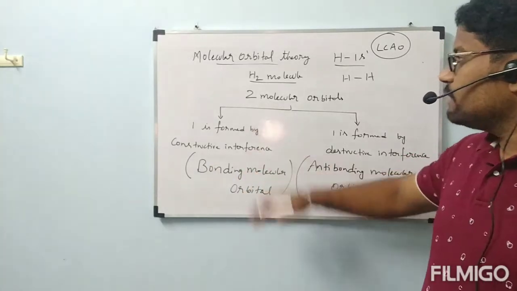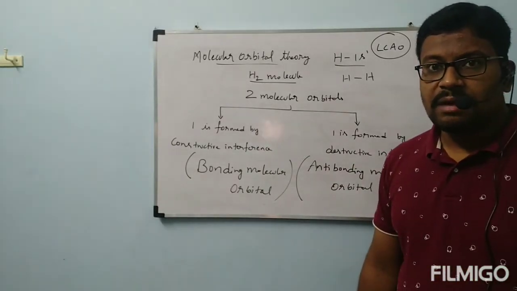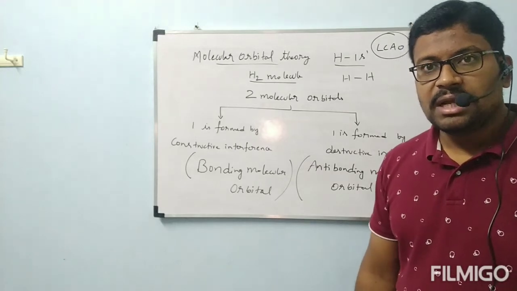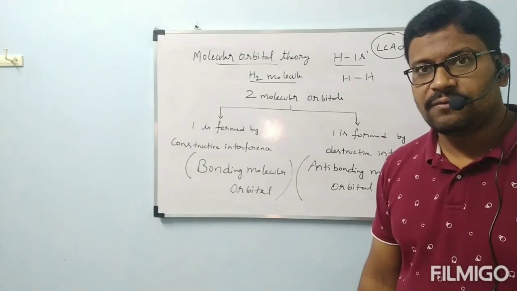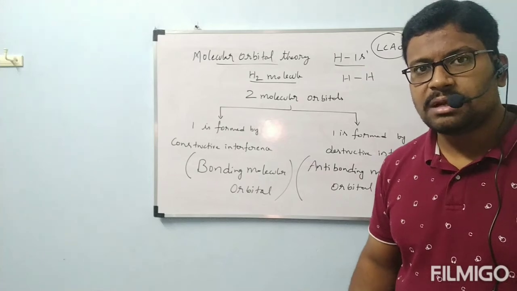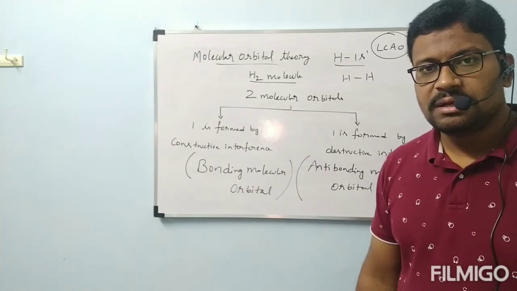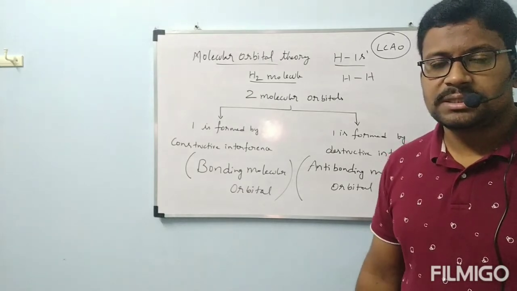So it is clear how molecular orbitals are formed only by the combination of atomic orbitals. That combination method is called LCAO method, linear combination of atomic orbitals. If they undergo linear combination of atomic orbitals, they will result in the same number of molecular orbitals.